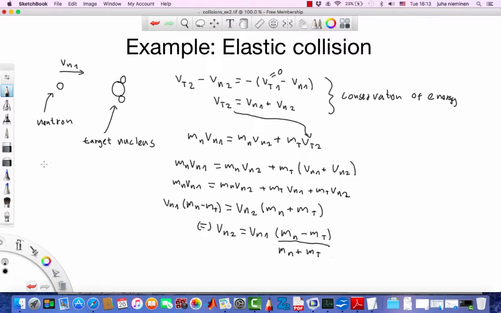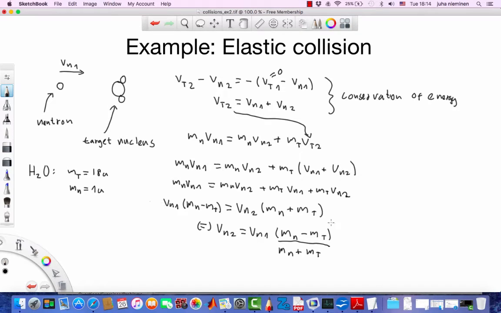Let's calculate some values. Let's consider we had water, H2O, as the target nucleus. The mass of the target would be 18 atomic units, 16 from the oxygen and 2 from the hydrogens. And the mass of the neutron is basically 1 atomic mass unit.